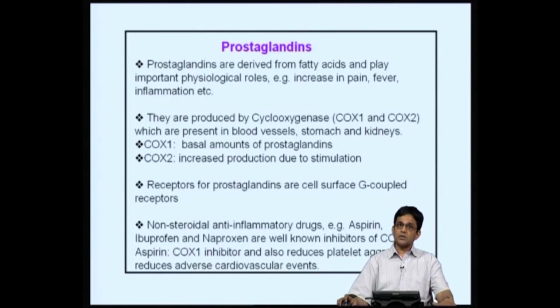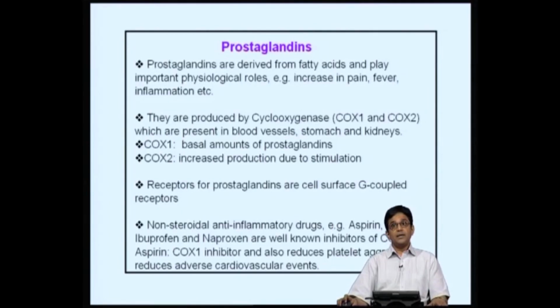Now, the importance of prostaglandins comes into focus by the use of non-steroidal anti-inflammatory drugs, which several of us take whenever we have headaches, pains. We take aspirin, ibuprofen, naproxen, so on. These belong to the category of NSAIDs. And the way they function is that they are inhibitors of COX.